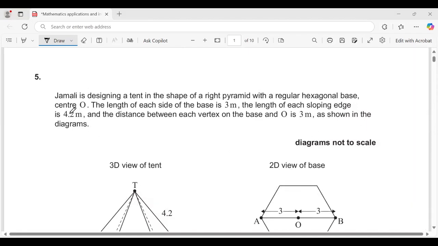Number 5. Jamali is designing a tent in the shape of a right pyramid with a regular hexagonal base, center O. The length of each side of the base is 3 meters. The length of each sloping edge is 4.2 meters. And the distance between each vertex on the base and O is 3 meters, as shown in these diagrams.